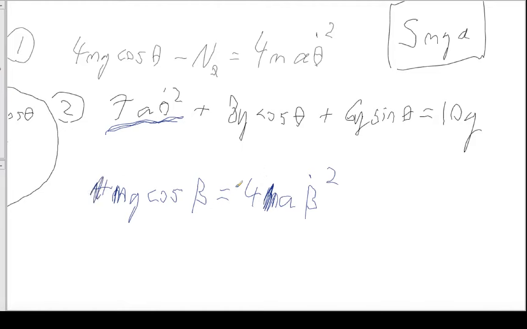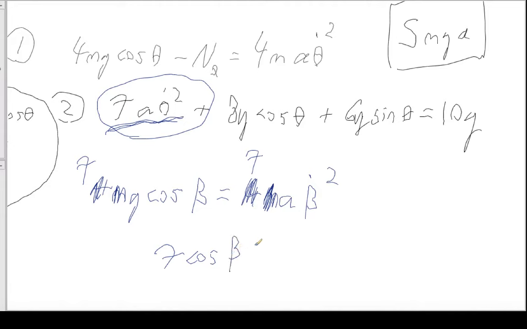Yeah, you can cancel the 4's and just replace them with 7's. And then we're done, right? Because then you know that this is just going to be 7g cos beta, and you add that to the 8g cos beta. So we get 15g cos beta plus 6g sin beta equals 10g.